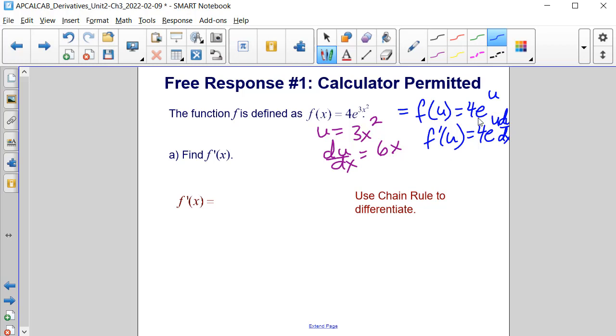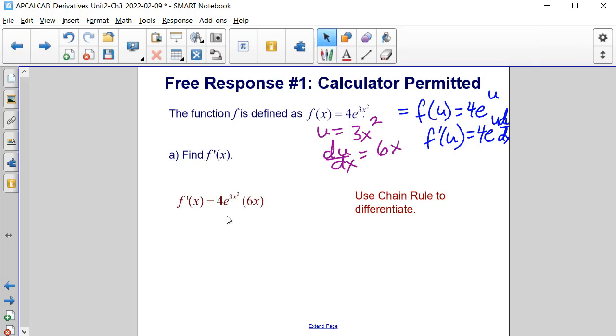And then if we substitute the u and the du dx back in, we will end up getting 4 e to the 3x squared times 6x. And then if we multiply 4 times 6x, we end up getting 24x times e to the 3x squared.